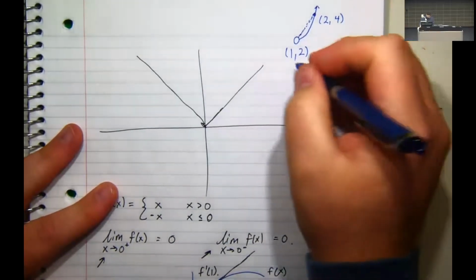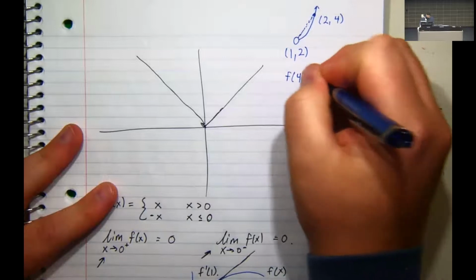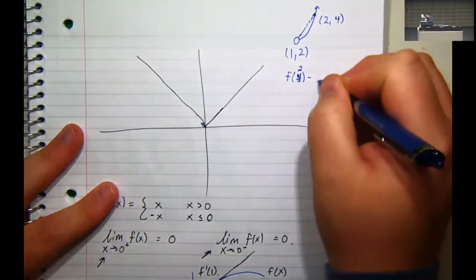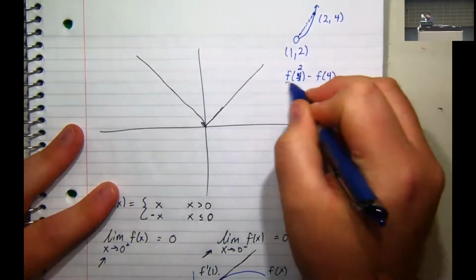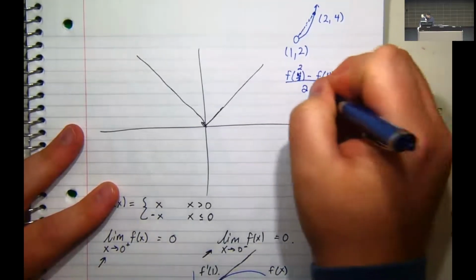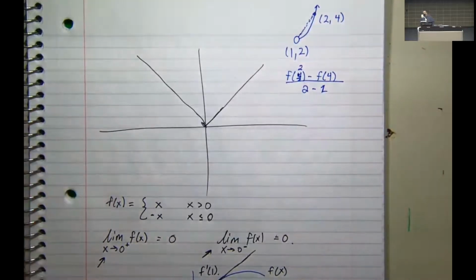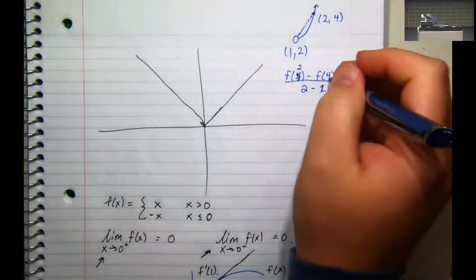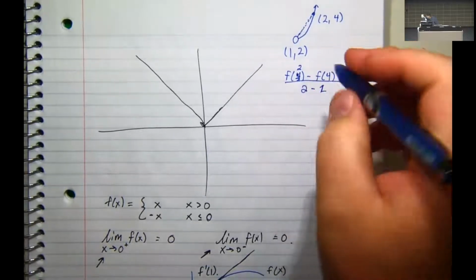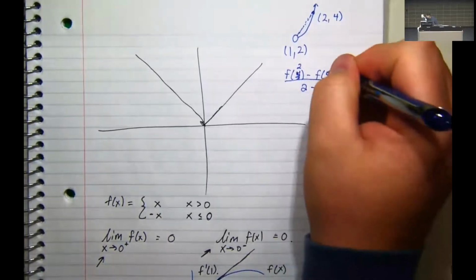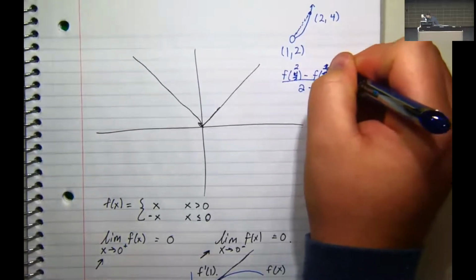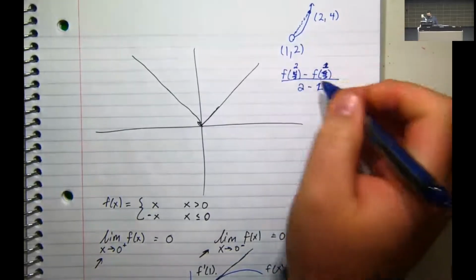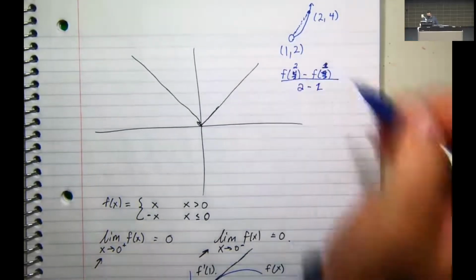So we say, what is f at 4 minus f at 2, all over 2 minus 1, our rise over our run? Okay, this is our f at 2 minus f at 1, so from here minus this, to this minus this.